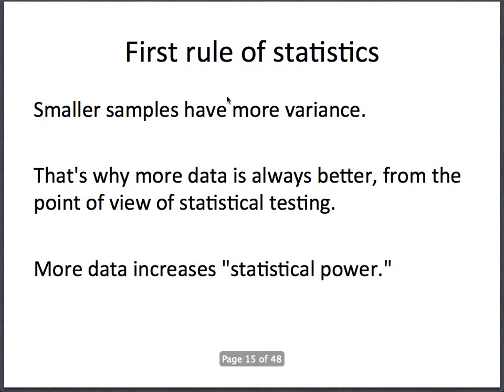So I've now tried to demonstrate to you the very first thing you need to know, which is more data gives you more certainty that what you're seeing is really there, and the smaller the effect you're looking for, the more data you're going to need to find it. If the effect is huge, right?